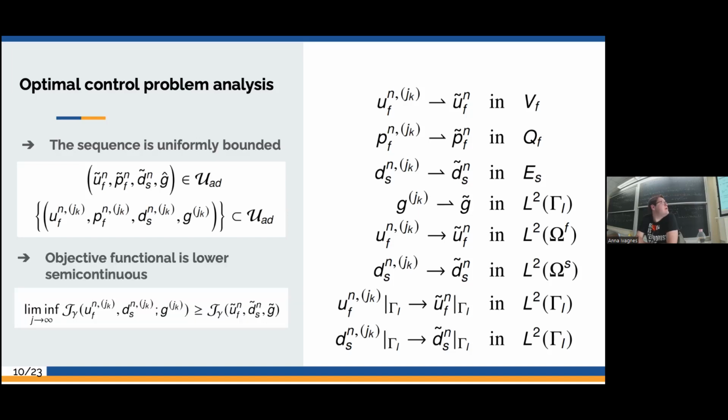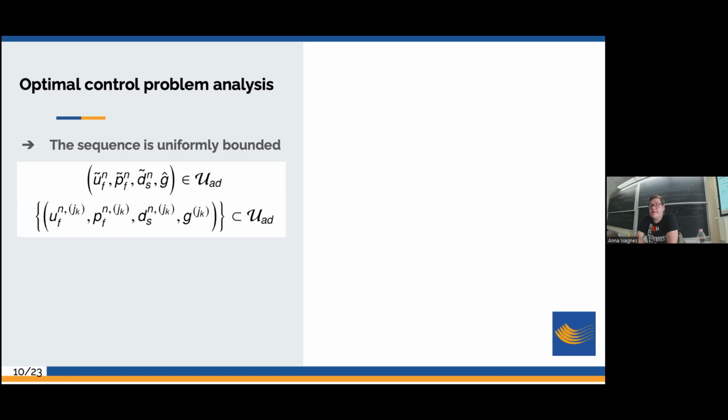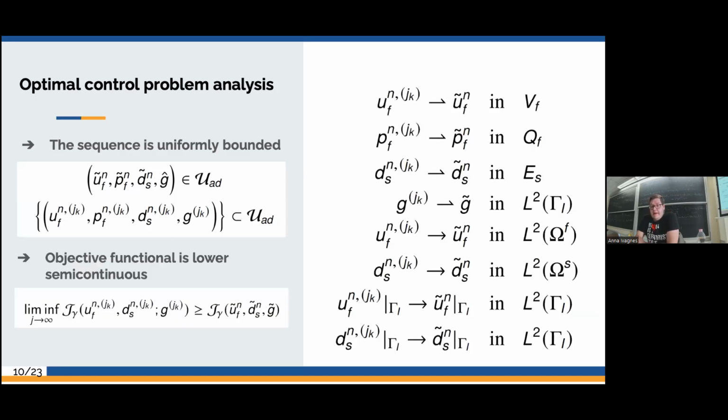Then, because the objective functional is lower semi-continuous, we have the following property, and since the minimizing sequence converges to the infimum, we can conclude that this point is actually the minimum of our functional.